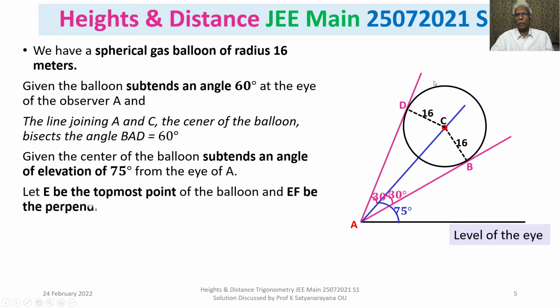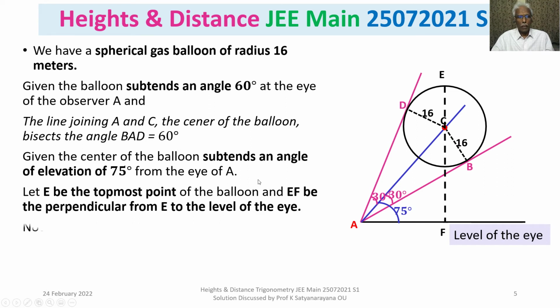Let E be the topmost point of the balloon, and EF the perpendicular drawn from E to the level of the eye. So E is the topmost point and EF is the perpendicular from E to the level of the eye.